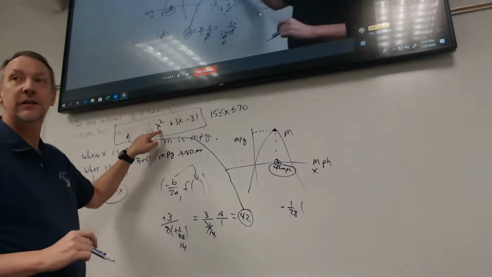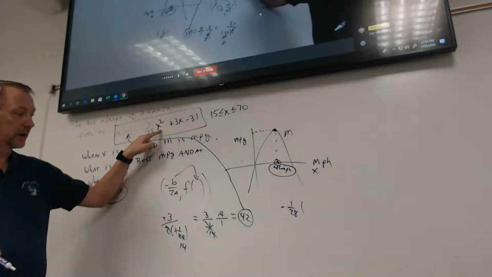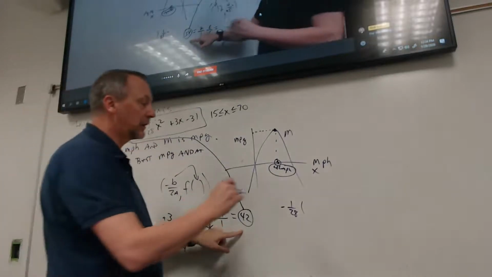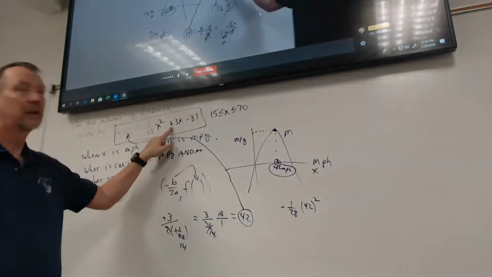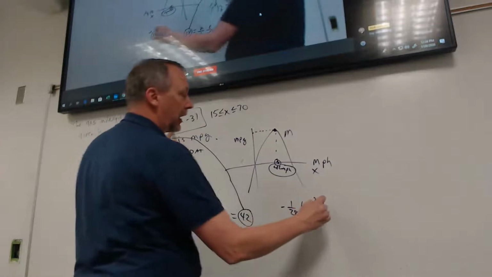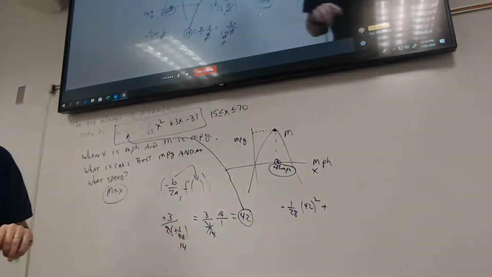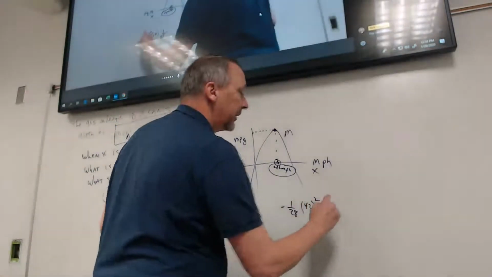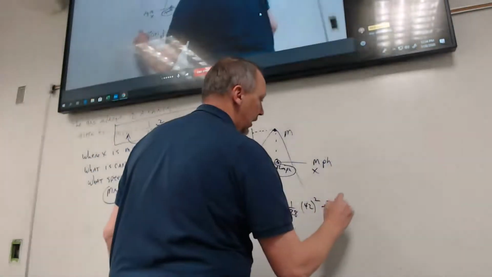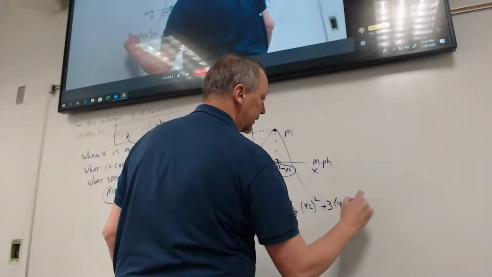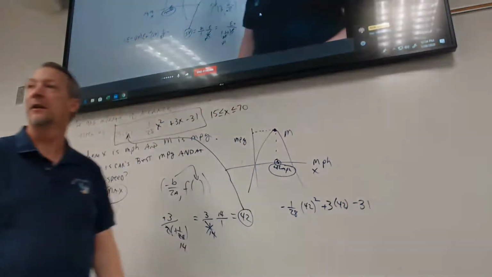X squared, and x in this case is 42. Quantity squared plus 3 times, but x is 42 minus 31, right?